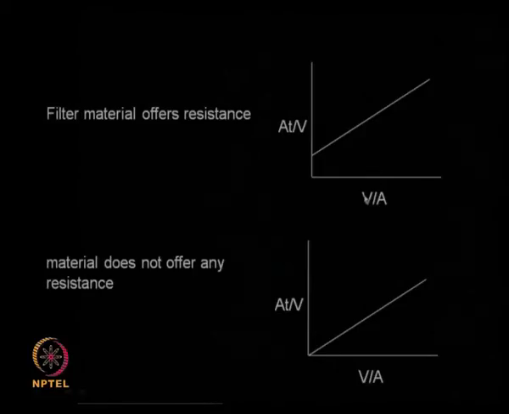Here V is the amount of liquid that needs to be filtered, T is the total time that it takes to filter that, and A is the cross sectional area of the filtration setup. So it is simple.